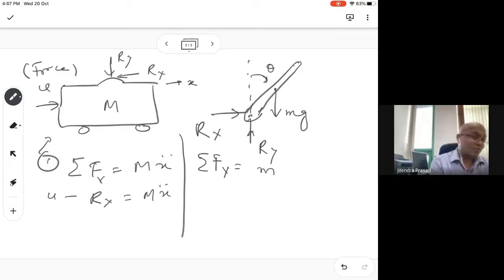Now we have to find out with respect to what? We have to see how the center of gravity is moving.